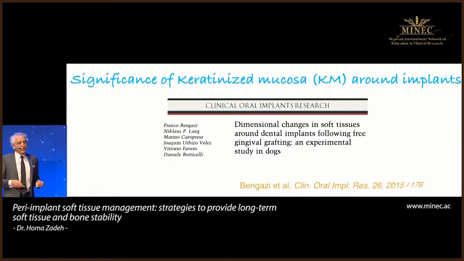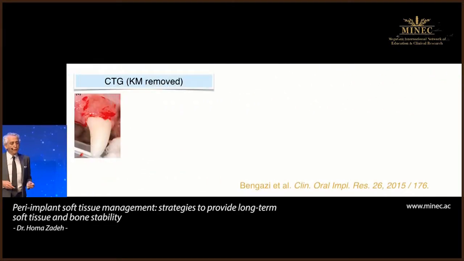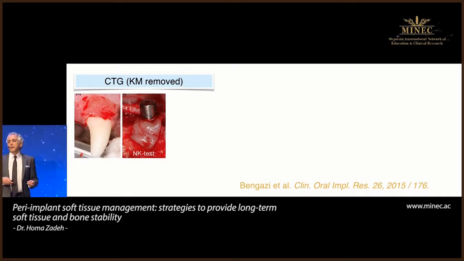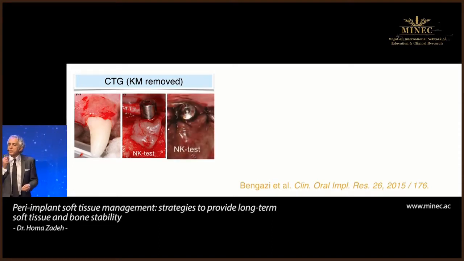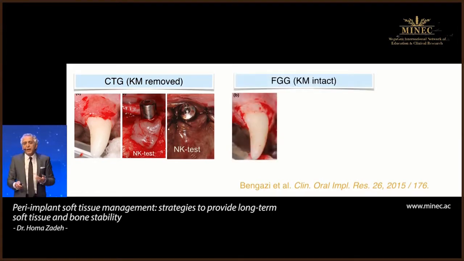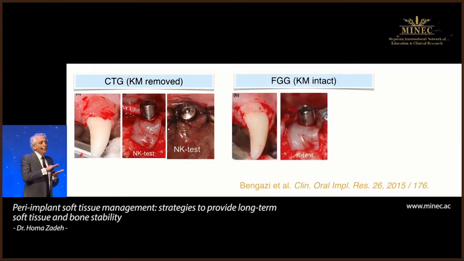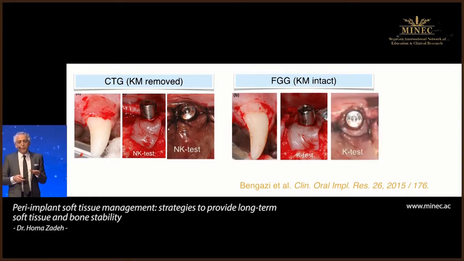Now, there are techniques that can be used for augmentation of mucosa around implants, and they could either be a free gingival graft or a connective tissue graft. In this particular study done by Klaus Lang's group, they took a free gingival graft, and in some group, they kept the epithelium, and another group, they removed the epithelium and used it as a connective tissue graft.